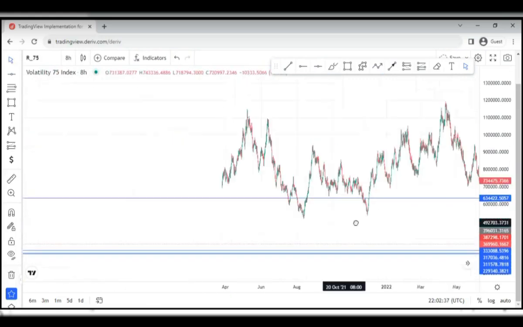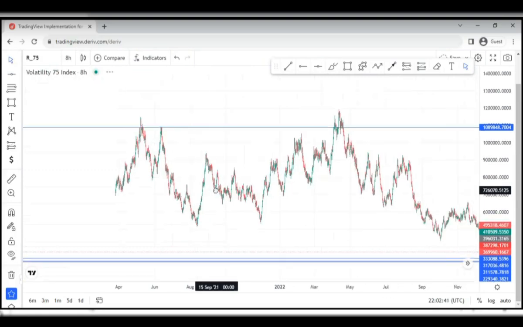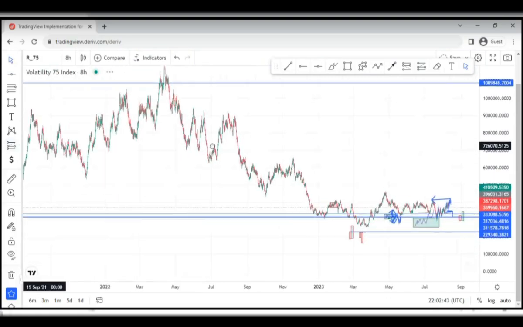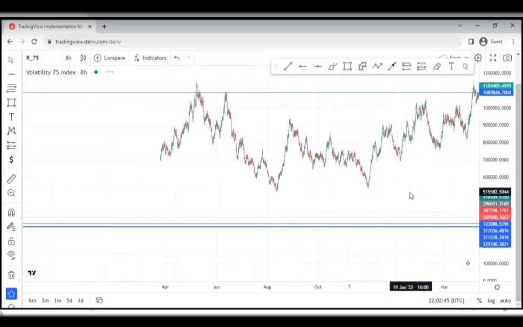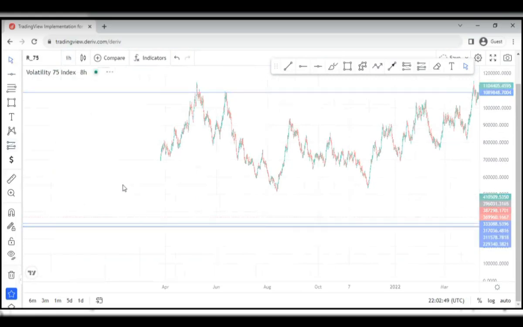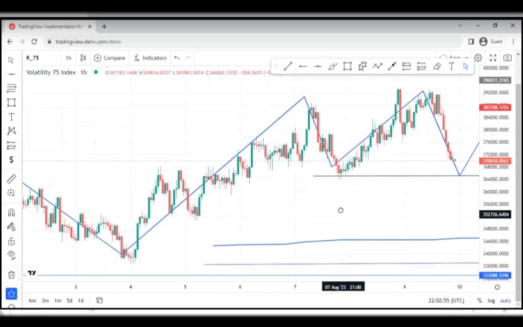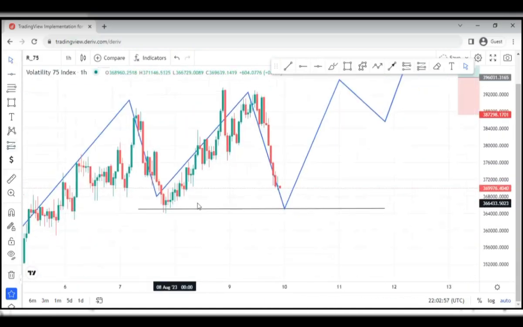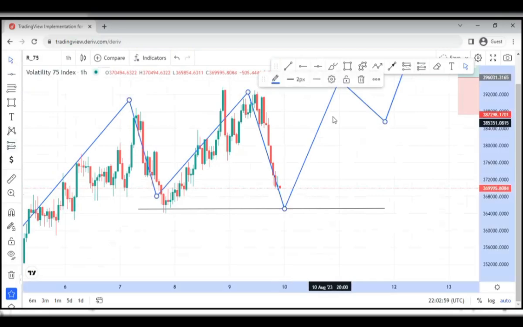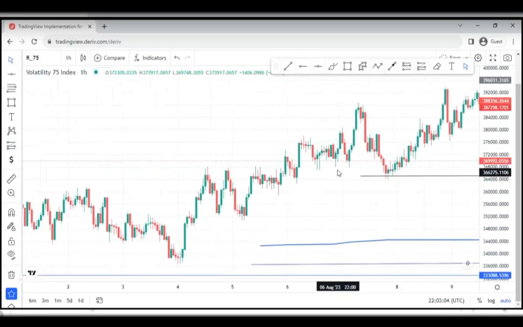Okay, for instance, let's look for another zone. Let's go to the 1 hour time frame. Okay, so here we have this.